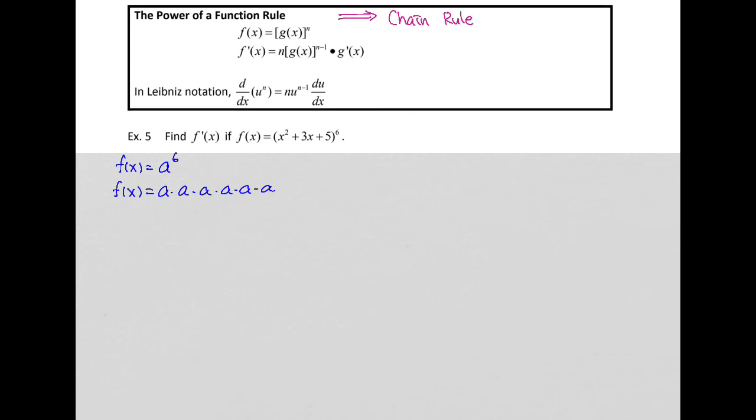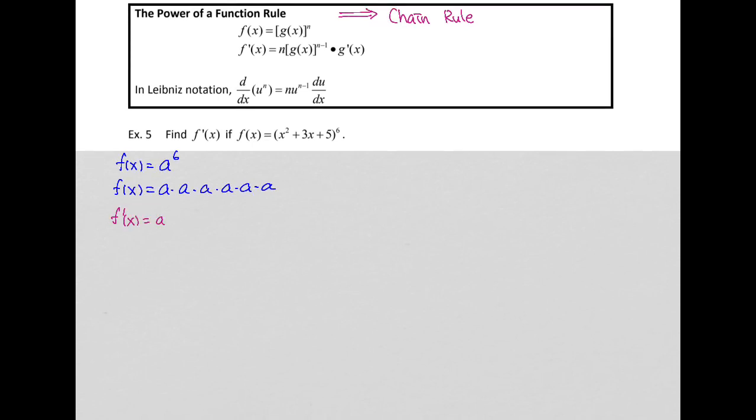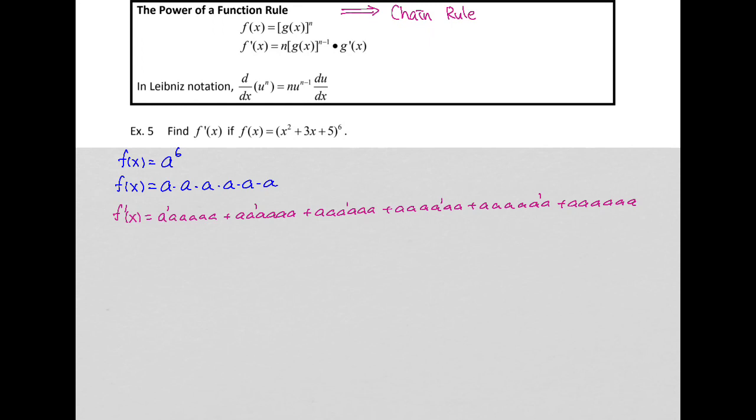Then, by using the extended product rule, I can write f prime x equals a prime for the first one, a prime for the second one, a prime for the third one, a prime for the fourth one, a prime for the fifth one, and a prime for the last one.